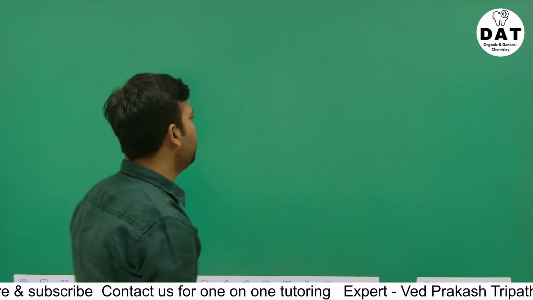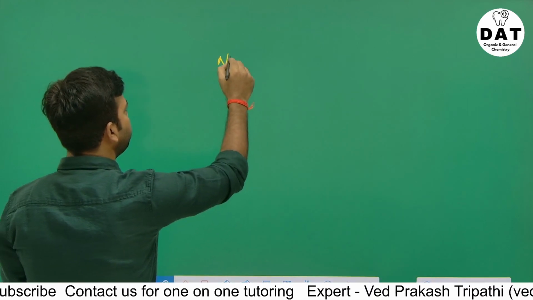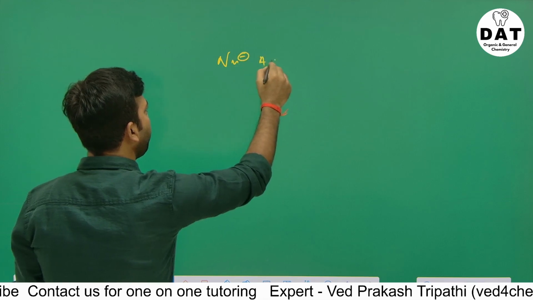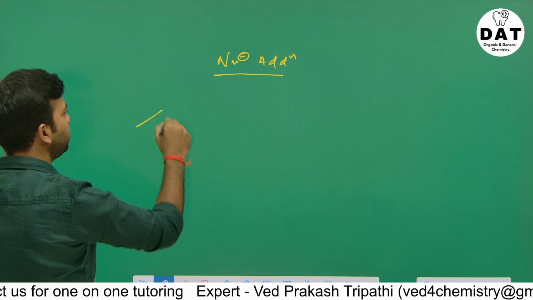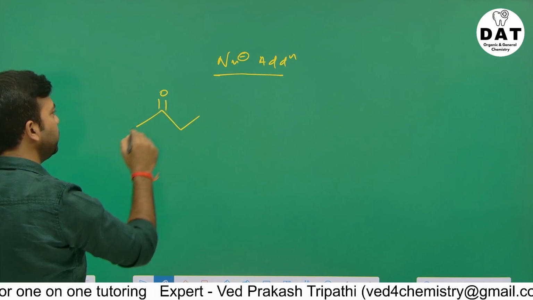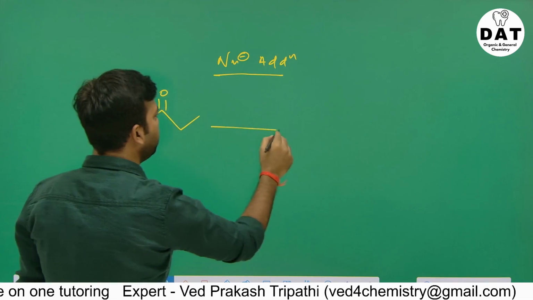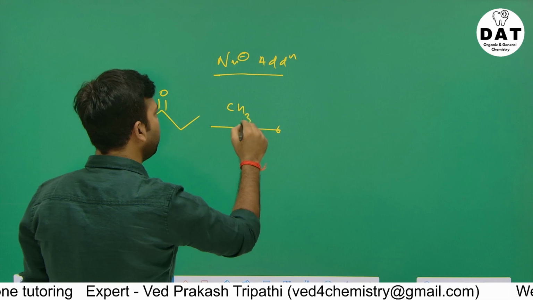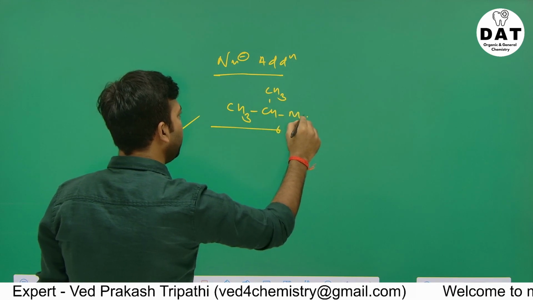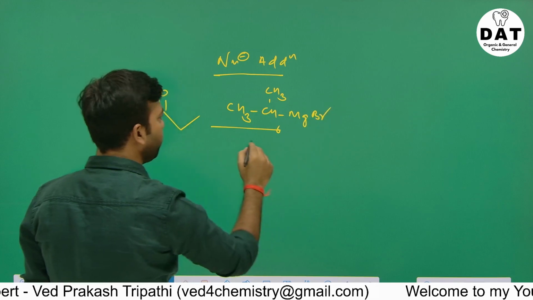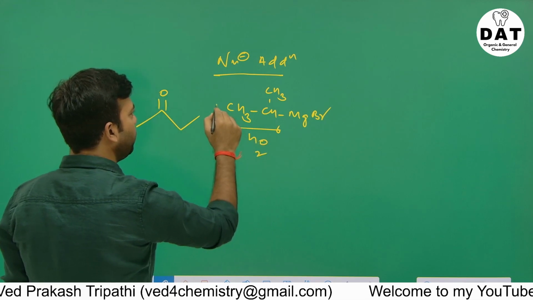Now the next is nucleophilic addition. Suppose we have this carbonyl, suppose an aldehyde, and we are using this Grignard CH3 MgBr, or suppose this one, CH3CH CH3 MgBr, and here we have water. So look at the mechanism.